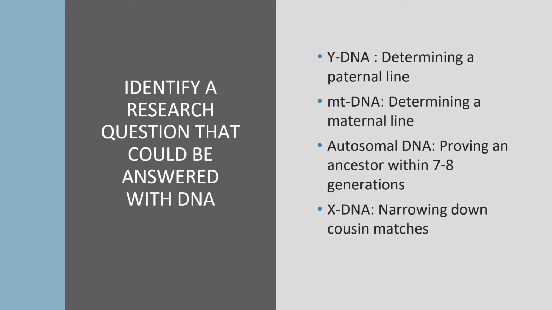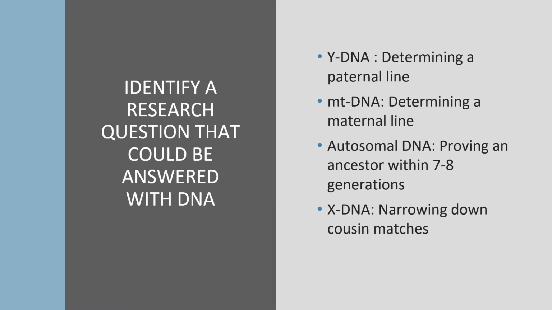So let's take a look at some possibilities for research questions that could be answered with DNA. We're going to look at several different kinds of DNA inheritance. If you have YDNA that you think could be useful, you could use that to determine a paternal line. This can break down a brick wall, or it can confirm your paper trail of research.